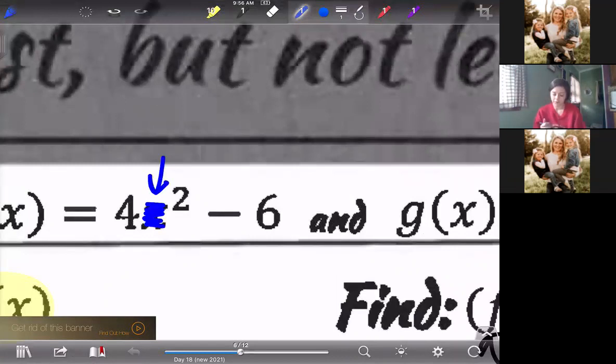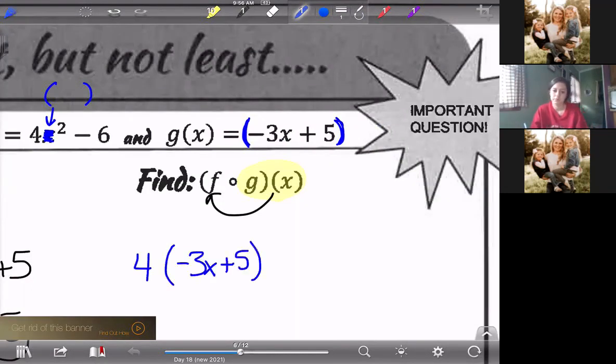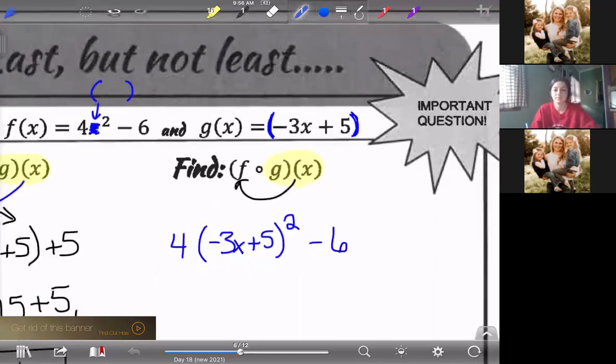So I'm going to have 4, then my entire set of parentheses, then the squared minus 6. The only thing that's changed from function f is that original x is gone and it's been replaced with that entire set of parentheses, negative 3x plus 5.